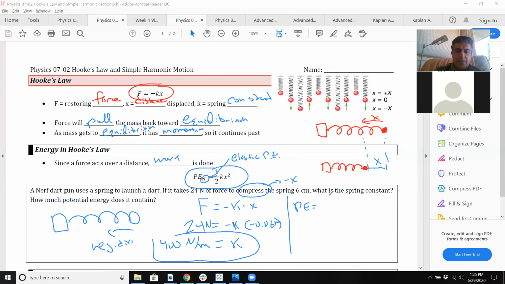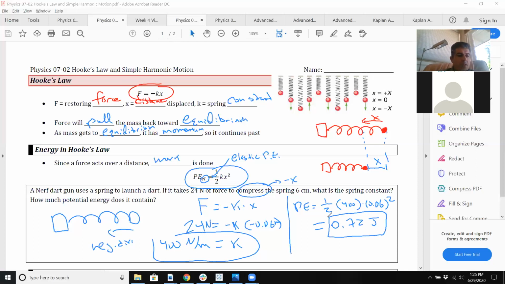You're doing 1/2 times the constant, which is 400, times the distance traveled squared. And then you should get about 0.72 joules. So that's the calculation we'd have for that.